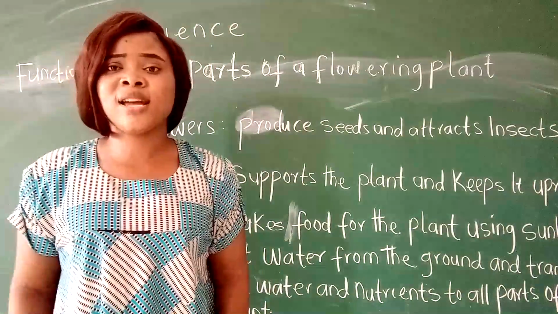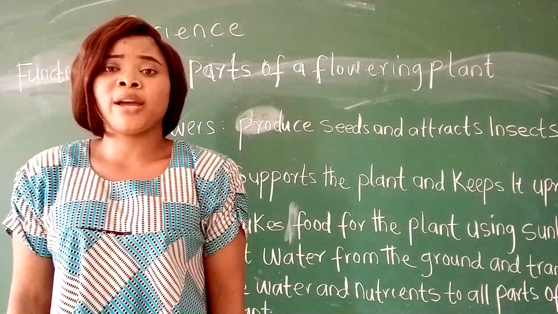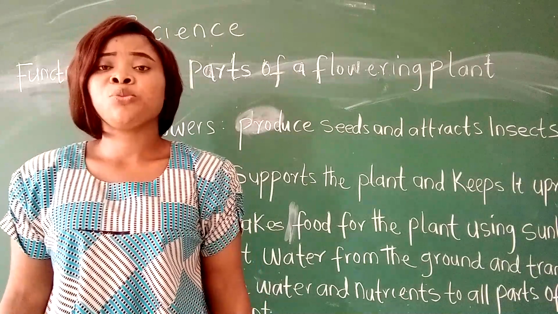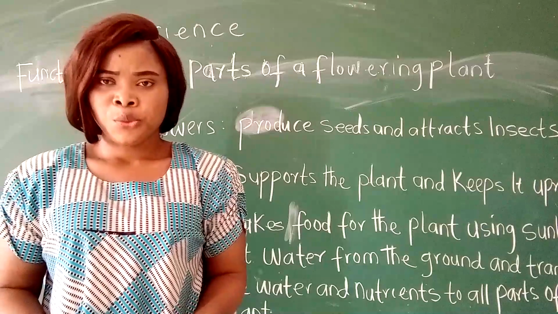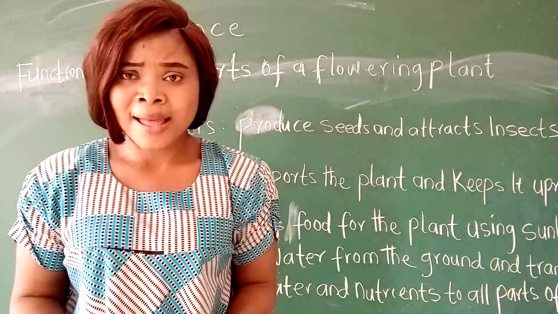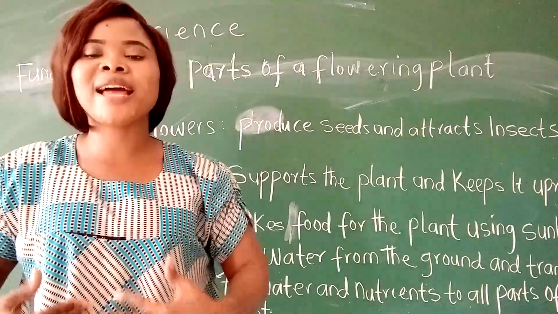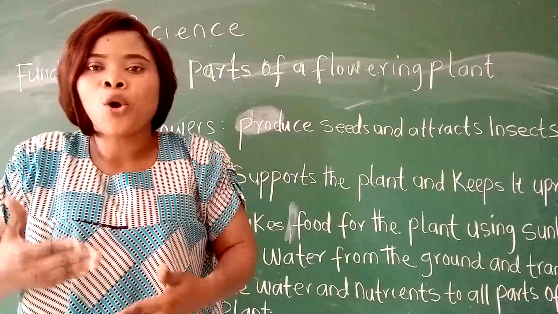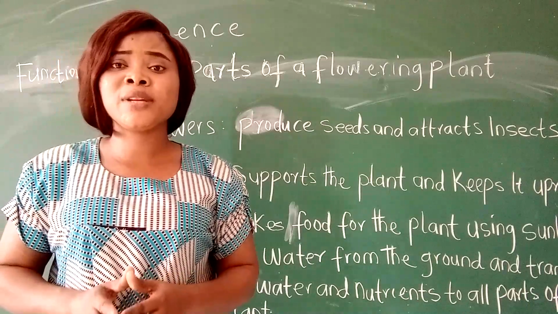What helps you to stand upright is the bones in your body, which we call the skeleton. So the stem of the plant is like the bones in our body that help us to stand upright, that support us. That is a good example.